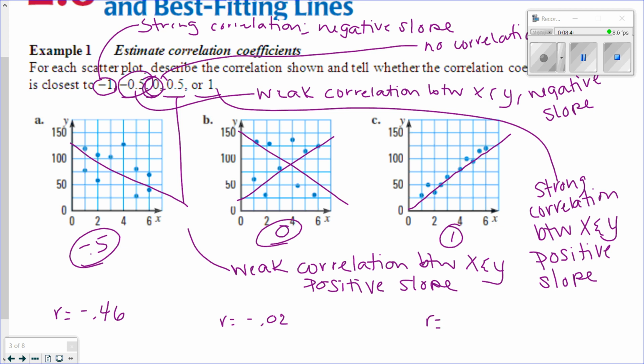And then for the third one, we get R is about 0.98. And actually, I should be using the approximately equal sign since it's not exact. So 0.98 is pretty close to 1, -0.02 is pretty close to 0, and letter A, -0.46 is pretty close to -0.5.